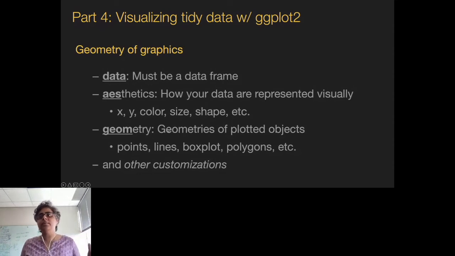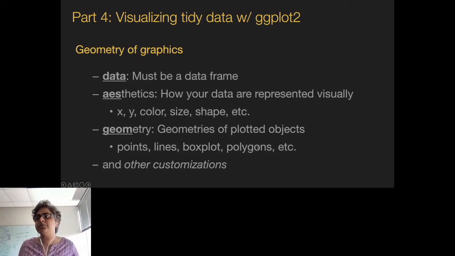And then finally, and most importantly, I have to specify what is the kind of plot that I'm making. What's the geometry or the geom? In our previous case, I used geom_boxplot because I wanted to make a box plot. But you can make a scatter plot or a bar plot or anything else really.